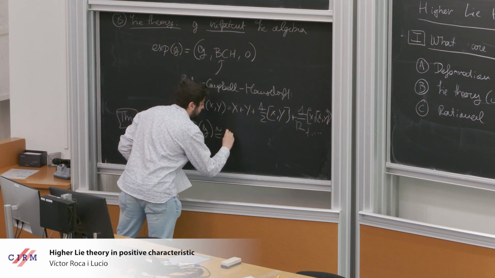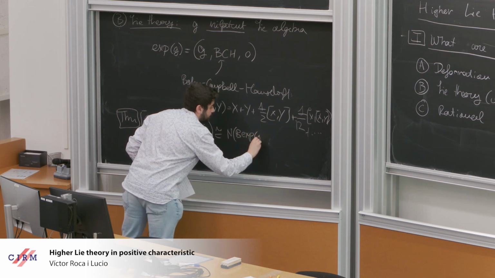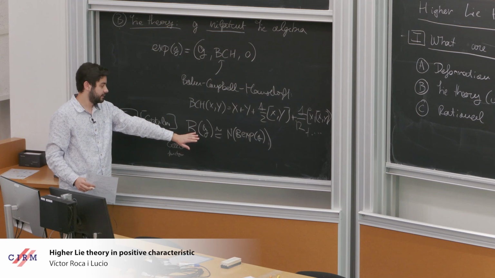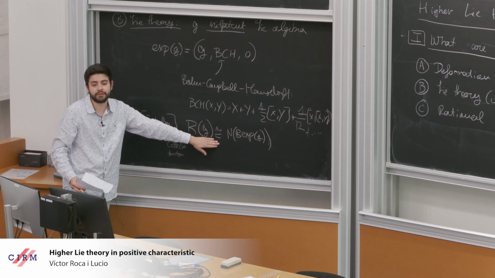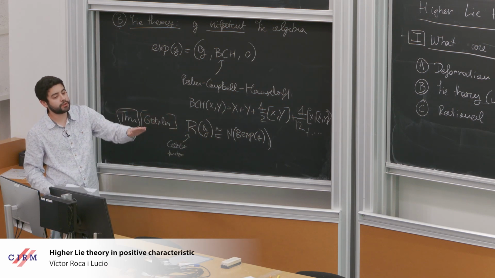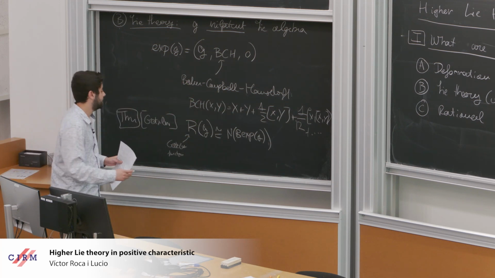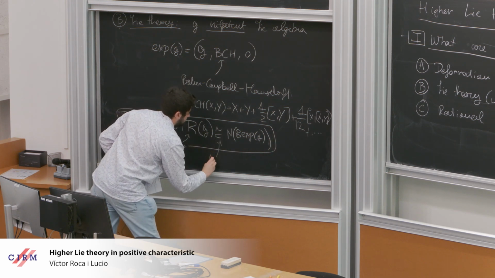I get the nerve B of the exponential group. What I want to point out is that this is not only a homotopy equivalence, it's an isomorphism. So on the algebraic level, using this construction of the integration functor, you do recover a classical construction from Lie theory. So this is an iso.